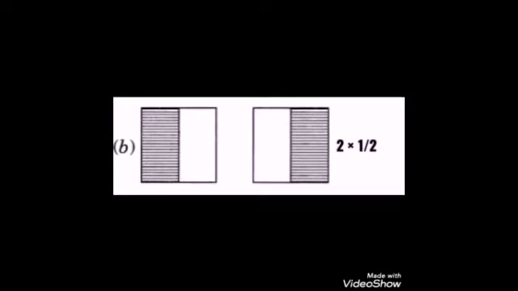Out of these 2 parts, only one part is shaded and the other part is unshaded. So the fraction of the shaded part is 1 by 2. Since we are given 2 square diagrams, we can represent it as 2 into 1 by 2. The second subdivision 2 into 1 by 2 represents diagram B.